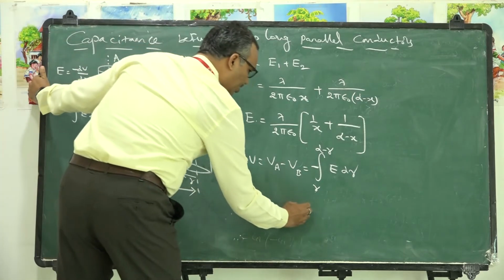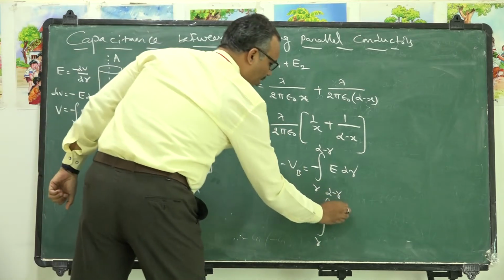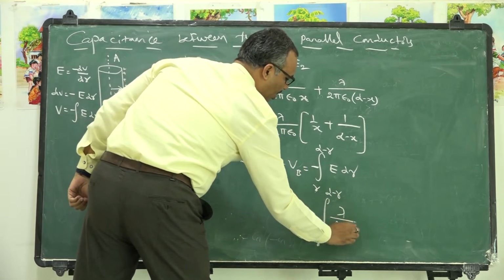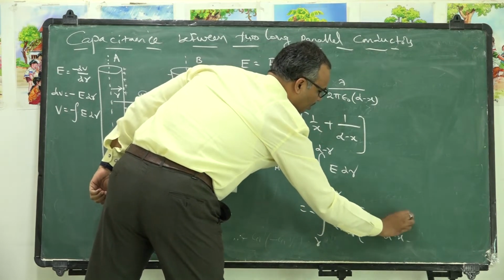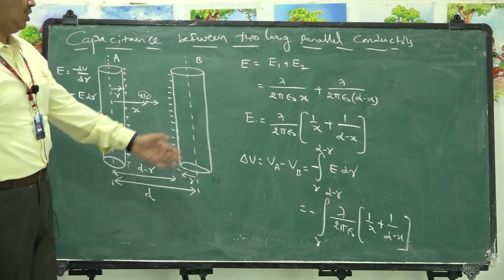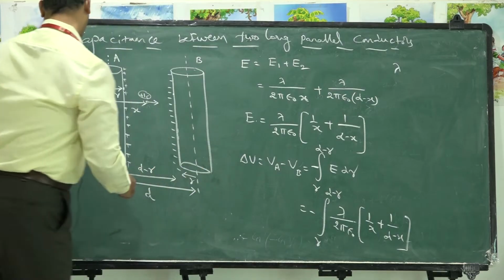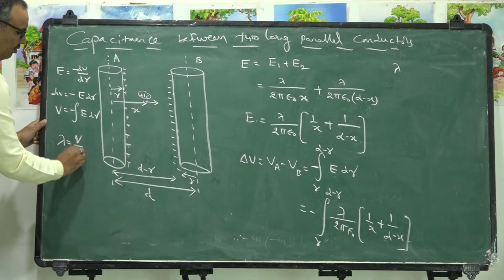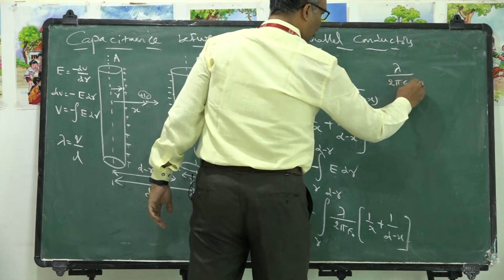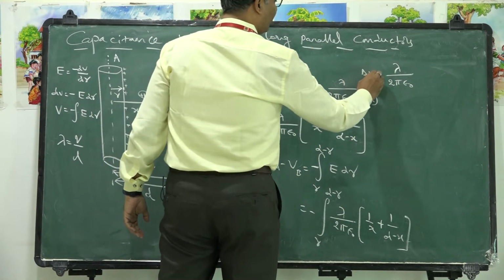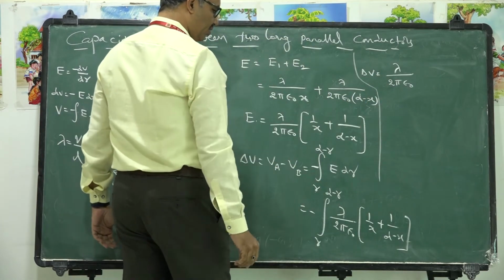Now we have to do this integration, minus integral R to d minus R lambda by 2 pi epsilon naught into 1 by x plus 1 by d minus x. While doing integration, all the constants we can keep outside. Here lambda is linear charge density. Lambda is nothing but charge residing per unit length. It's a constant. 2 pi epsilon naught is again a constant. So therefore the potential difference delta V is given by lambda by 2 pi epsilon naught I kept outside.